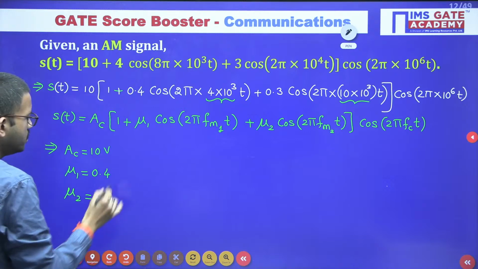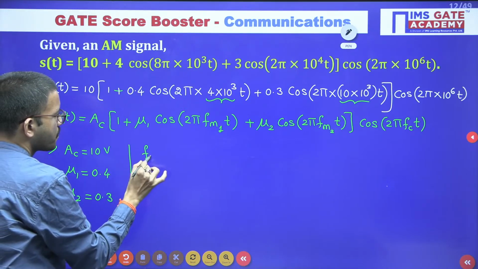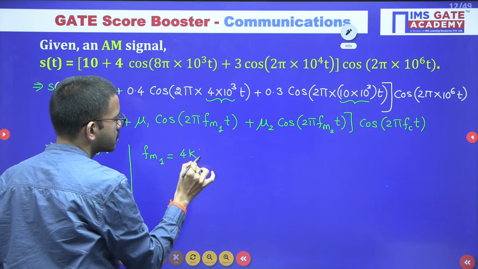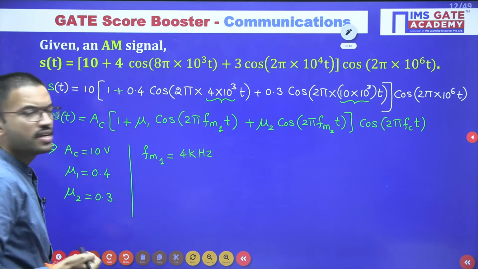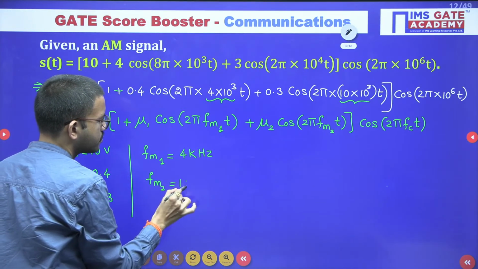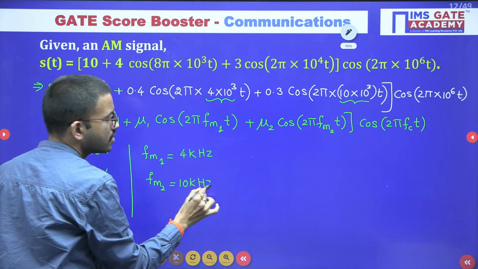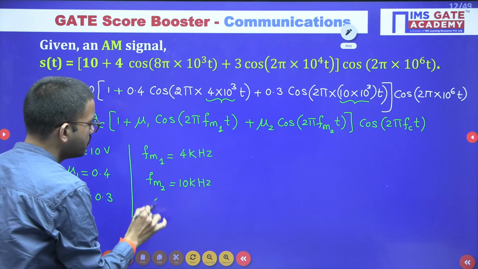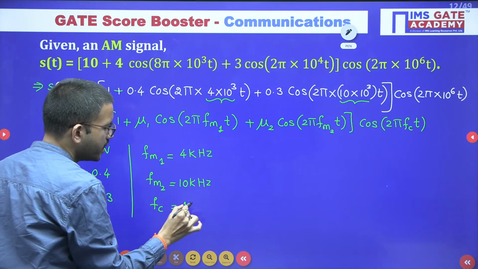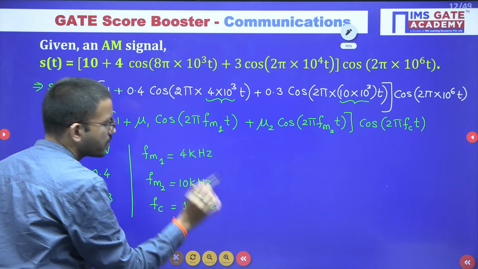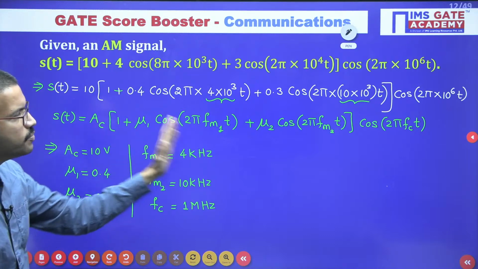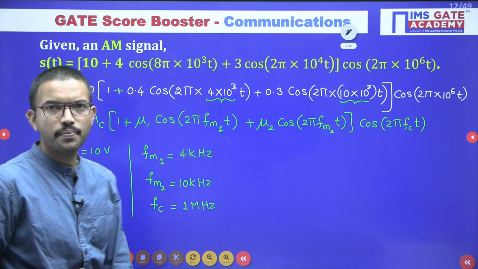So here fm1 is equal to 4 into 10 power 3, which we can write as 4 kilohertz. Similarly, 10 into 10 power 3 we can write as 10 kilohertz. Similarly, fc is nothing but 10 power 6 Hz, which we can write as 1 megahertz. So just by comparing these two equations, I have written Ac, mu1, mu2, fm1, fm2, and then fc.